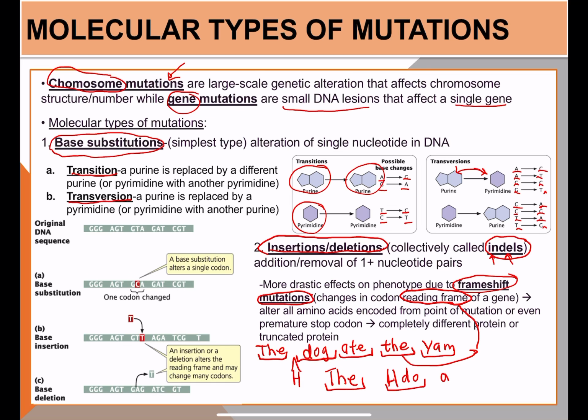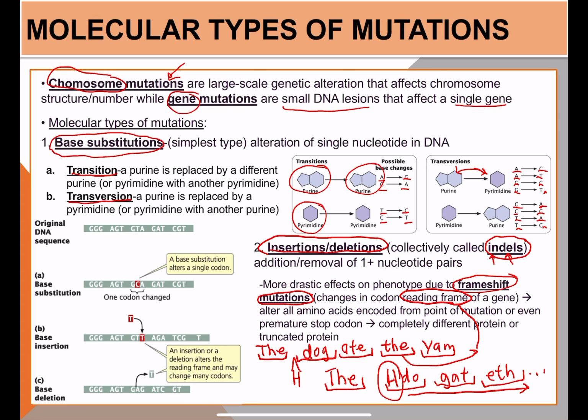And then the G of the dog will now be shifted to the next word, ETH, and so forth. So now from the point of insertion, everything else after that is reshifted into a different reading frame. So that's why this type of mutation is very detrimental.